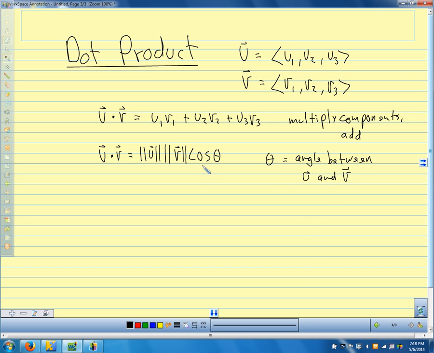So we use this formula. In chapter 6 we said that this came from the law of cosines. We use this formula to find the angle between two vectors.